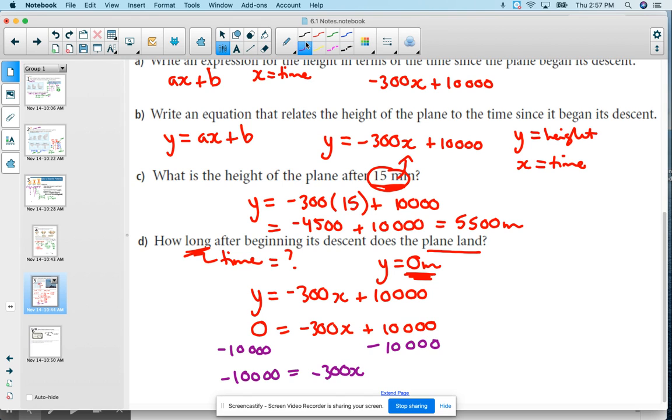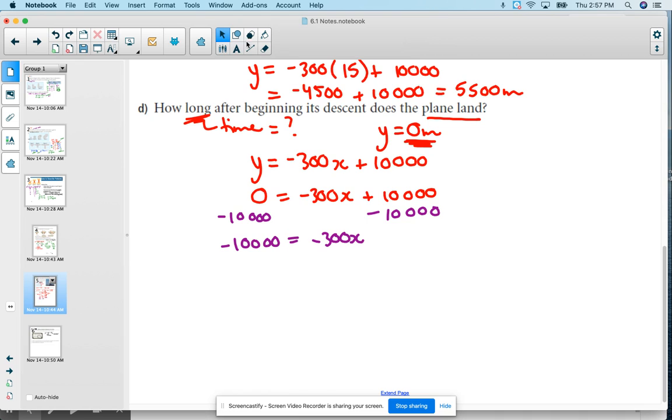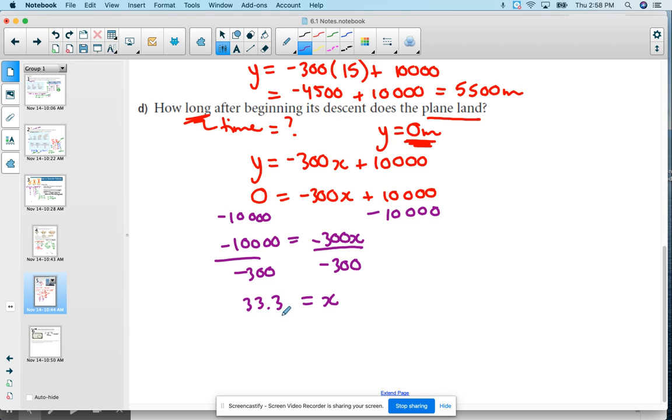That's multiplied by negative 300, and the opposite of multiply is divide. So I need to divide by negative 300 to get x on its own. And x is equal to 33.3 minutes. That's how long it takes for the plane to land.